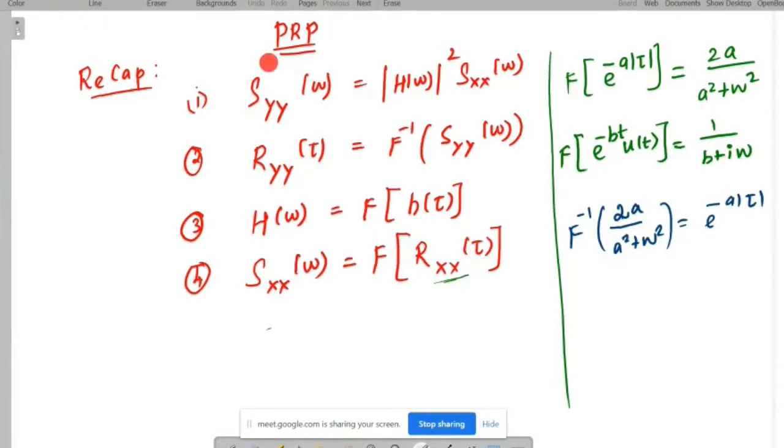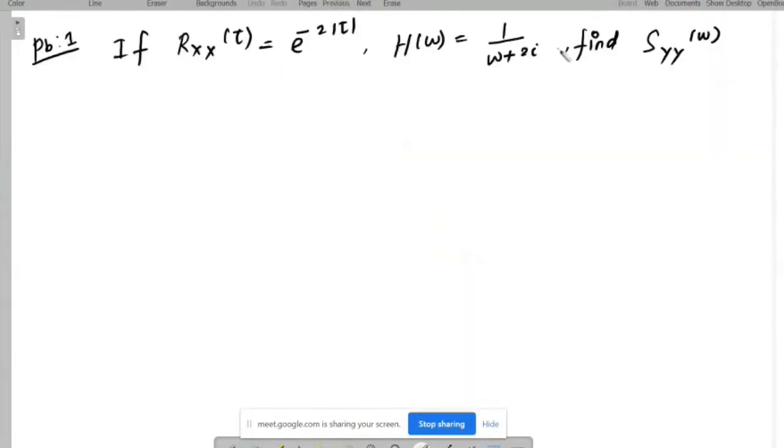This is the formula I am going to apply. But in that problem, H of omega and R xx of tau are given. So by using this R xx of tau, you have to find the power spectral density of the input. After finding S xx of omega, you have to multiply these two things. From that, you may get the answer, right?